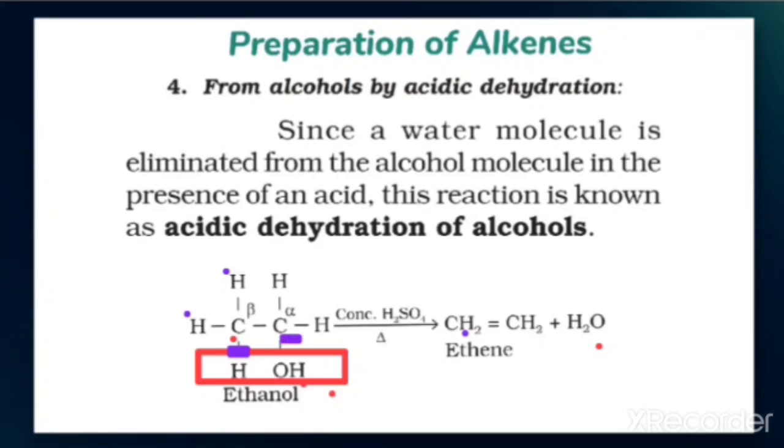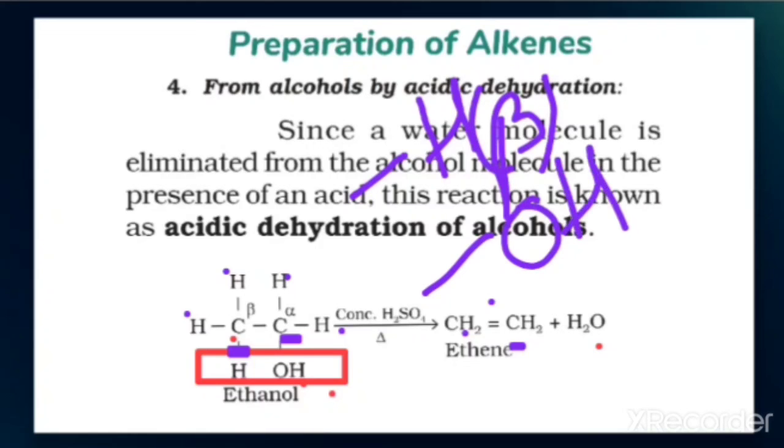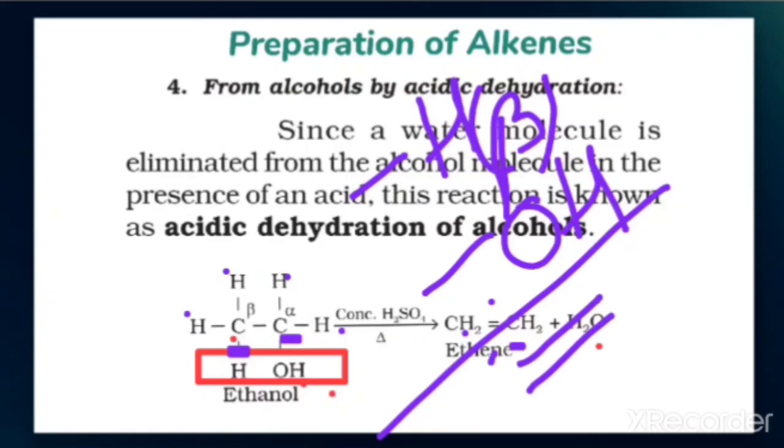Next, this carbon with 2 hydrogens is also written as CH2, and between the alpha and beta carbon there will be a double bond. That is important to note. Beta hydrogen is removed and the OH group is removed, together water is formed and there is a double bond between the alpha and beta carbon.